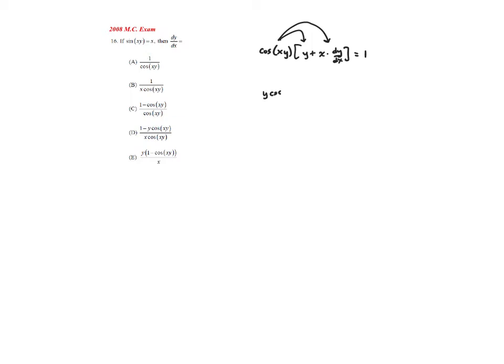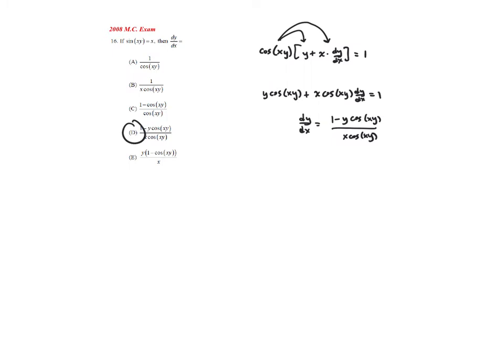So I'll have y cosine of xy plus x cosine of xy dy/dx equal to 1. Therefore, I will subtract y cosine xy and divide by x cosine xy, and I get dy/dx equals the following. Looks like our answer in this case ends up being D, as in delta. That took no time.